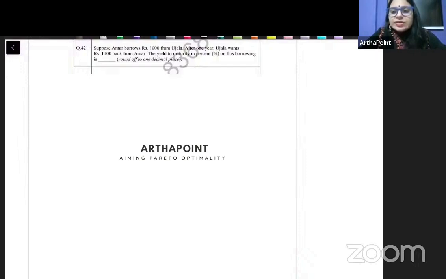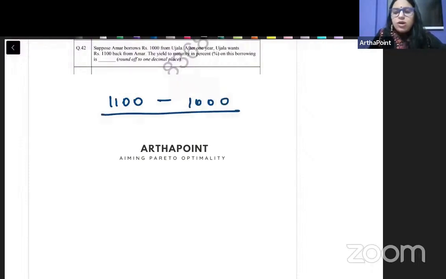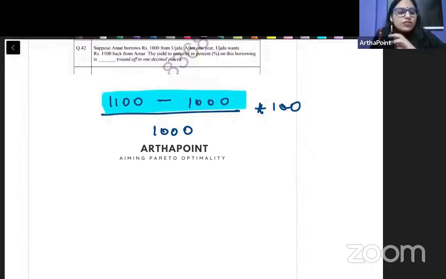How do you find return? You will always go ahead and do the final value minus the original value upon the original value into 100. That is the return. He gave 100 rupees extra, right? Instead of 1000, repaid 1100.